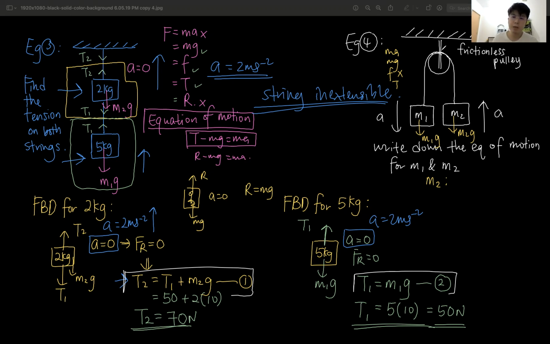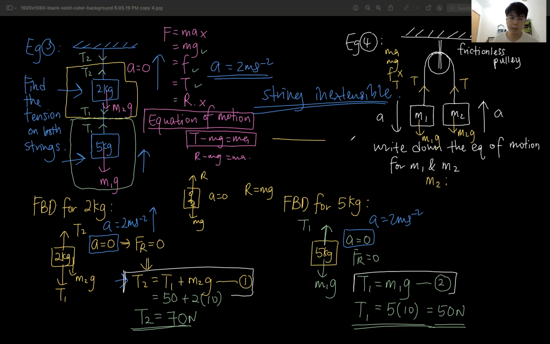The string running over the pulley is the same string, so the way we label it is just one tension and another tension here. Why is it the same T? Because imagine if you stretch out the string without the pulley.